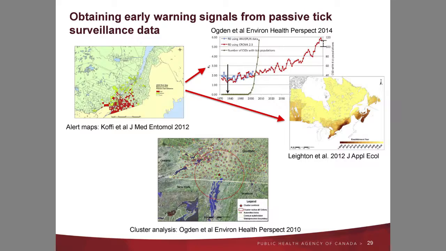So you find a tick on a dog, but it doesn't mean there's actually a reproducing population there. We've worked on methods to make this much more specific, and these studies on passive surveillance are ongoing at the moment.